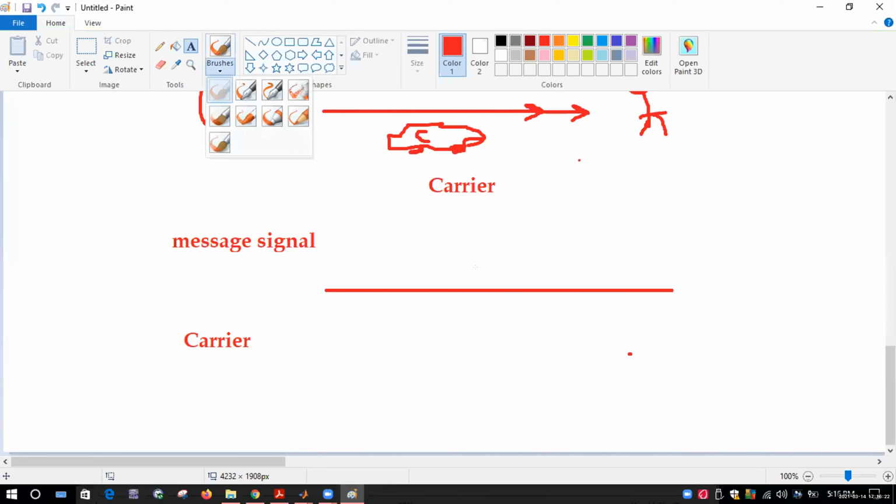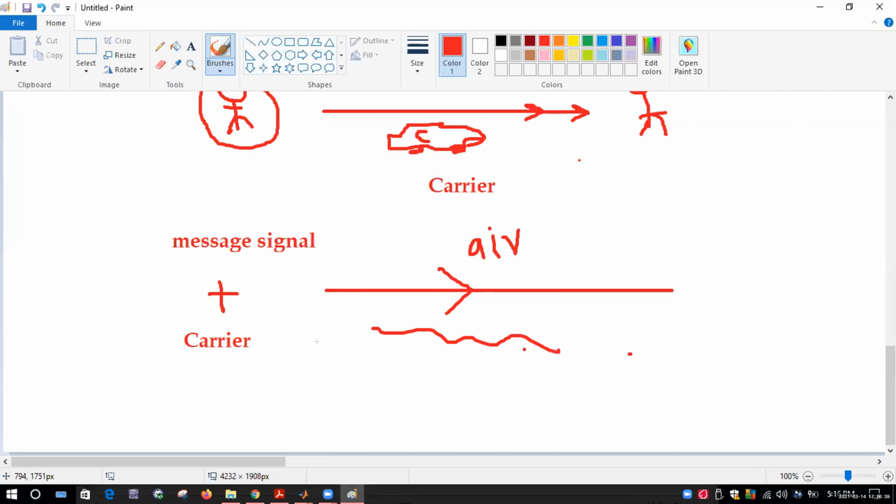Once it passes through the air, because we are transmitting through air, we are talking about wireless communications. So we mix the message signal and carrier. What travels here is the carrier, because the carrier can travel at a very fast speed. The carrier is nothing but a high frequency. This one is your low frequency. This one is your high frequency.